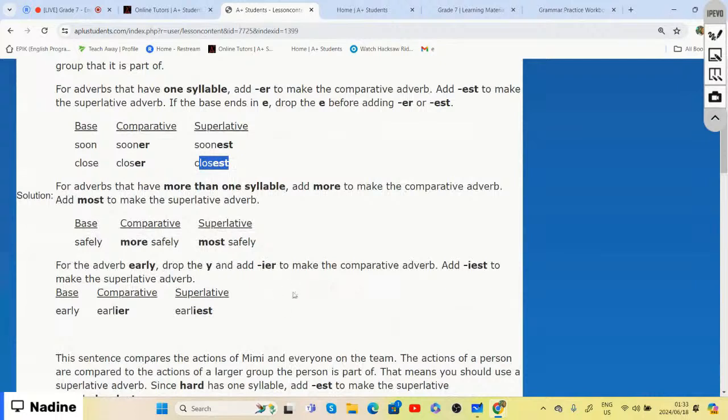So early, earlier, earliest. It's like I came early to class. Jack came earlier than me. But Anna came the earliest of the whole class. So we're comparing her to a larger group, right?